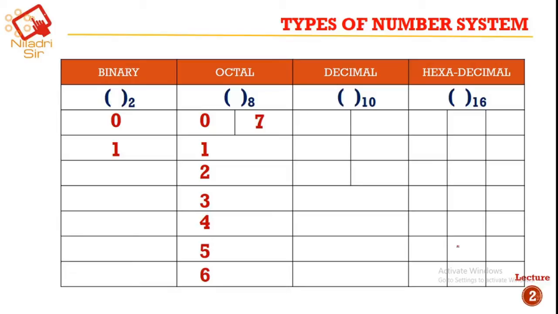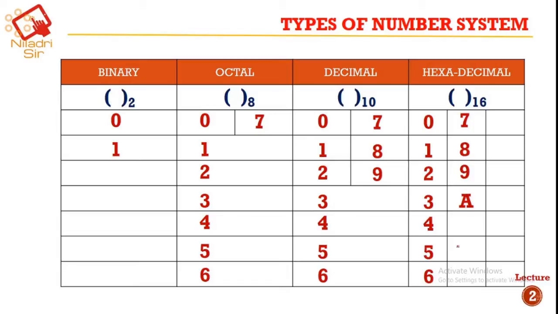And in decimal there are 10 digits from 0 to 9: 0, 1, 2, 3, 4, 5, 6, 7, 8, 9. So these 10 digits can be used to represent a decimal number. And for hexadecimal, we have 0, 1, 2, 3, 4, 5, 6, 7, 8, 9, then A for 10, B for 11, C for 12, D for 13, E for 14, and F for 15.